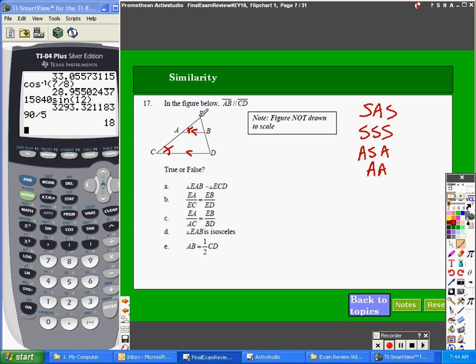We also know that angle EBA, this angle right here, is congruent to EDC, this angle right here, for the same reason. They are also on top of the parallel lines, but now they're on the left hand side of this transversal ED. So yes, we do know that EAB is similar to ECD because of angle angle. So I'm going to highlight the ones that are true.